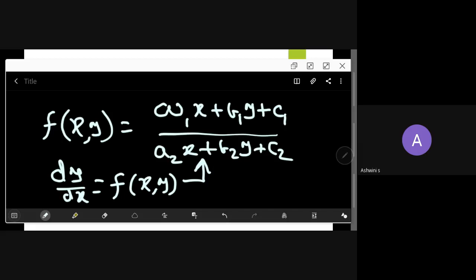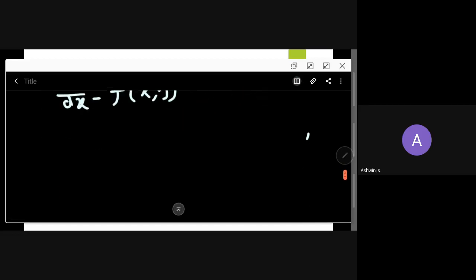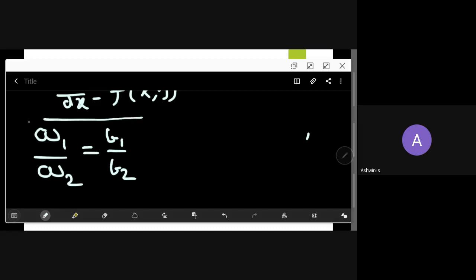So in this case, there are two cases we need to discuss. One is a1 by a2 is equal to b1 by b2. This is one case.